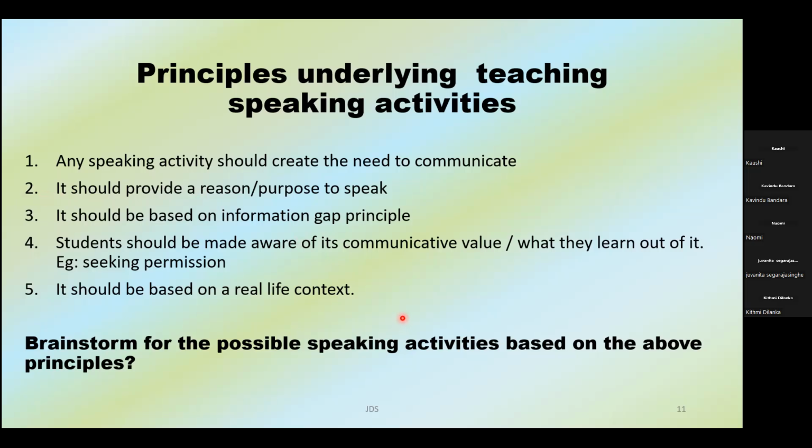So, dialogues, role plays. Interviews, right? When you are conducting an interview, there is an information gap. There is a need for communication.